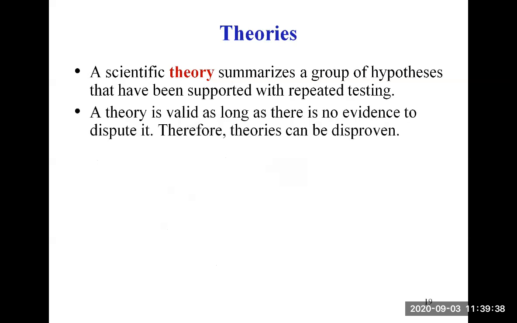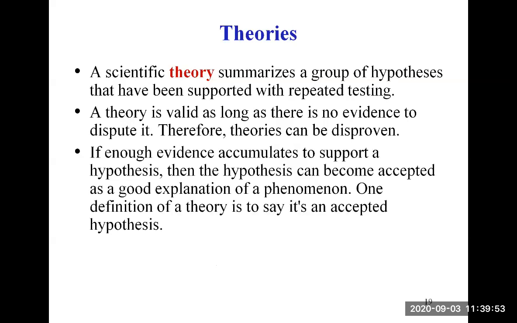A theory is valid as long as there is no evidence to dispute it. So theories can be disproven, but they are held as true until an experiment may disprove them. If enough evidence accumulates to support a hypothesis, then the hypothesis can become accepted as a good explanation of a phenomenon. And so one definition of a theory is that it's an accepted hypothesis.